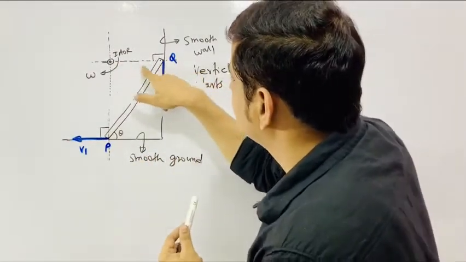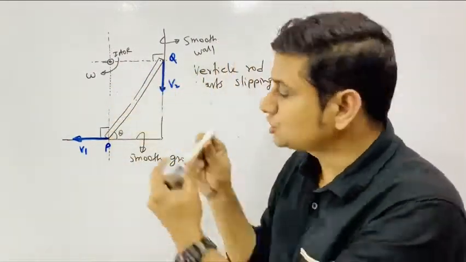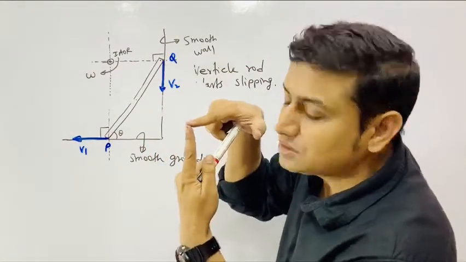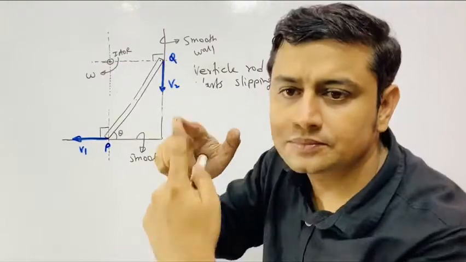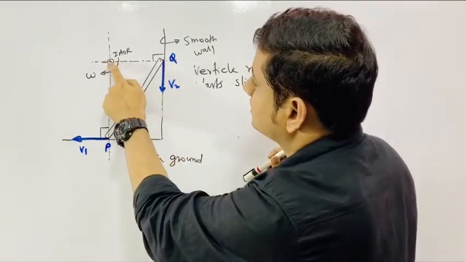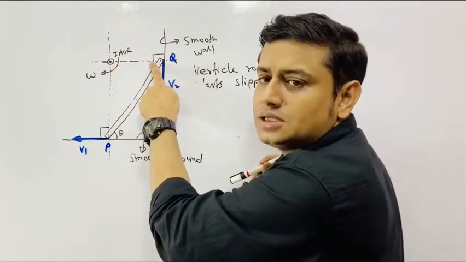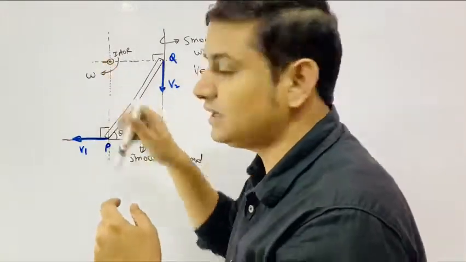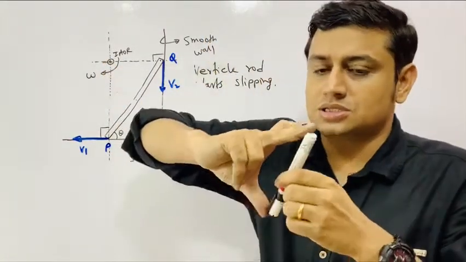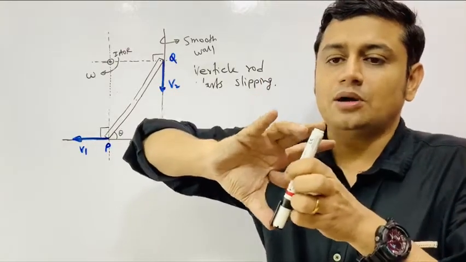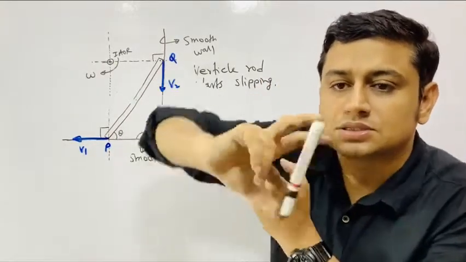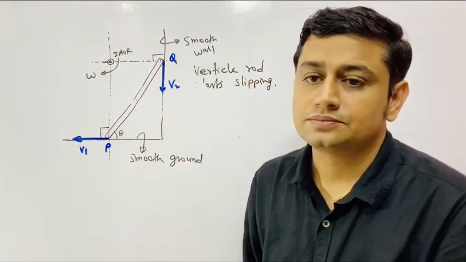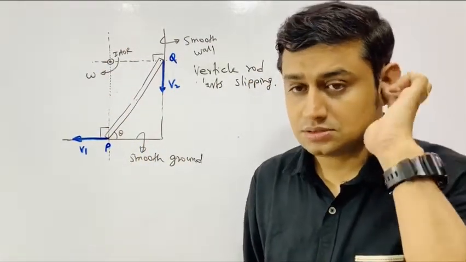This is a thread and this is a thread, connected to the two ends, and here is the axis. About this axis it is swinging like this. So this is the pure axis of rotation.